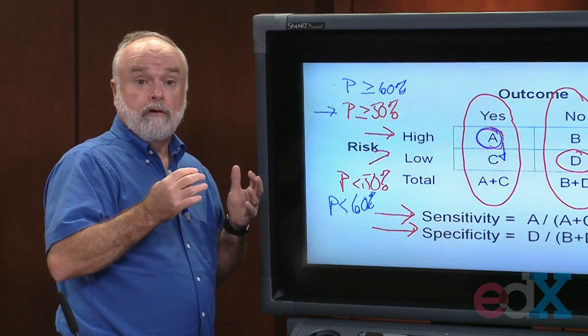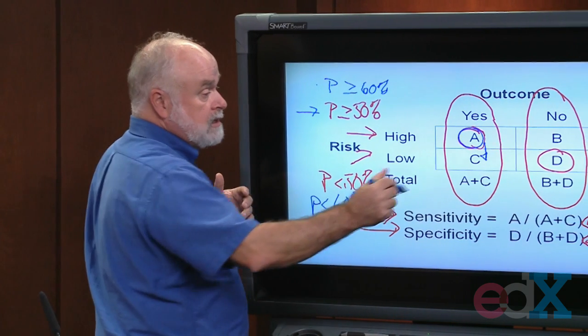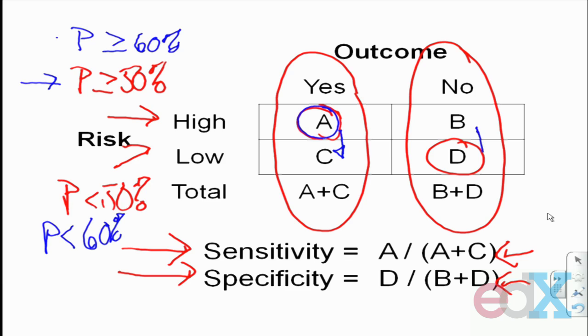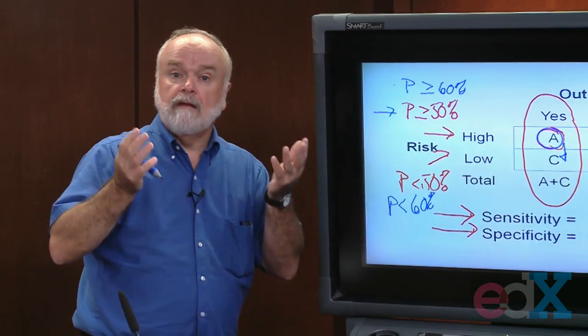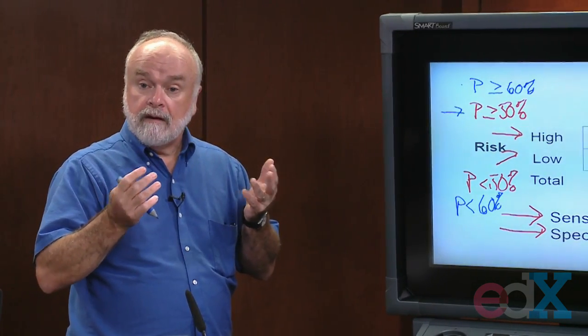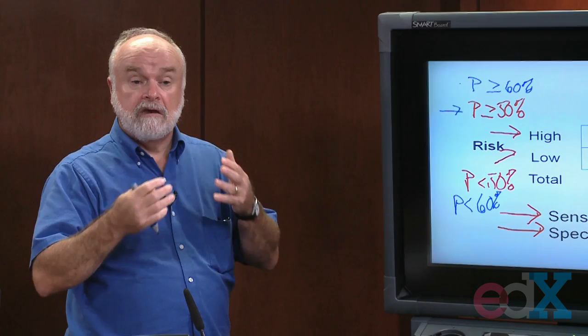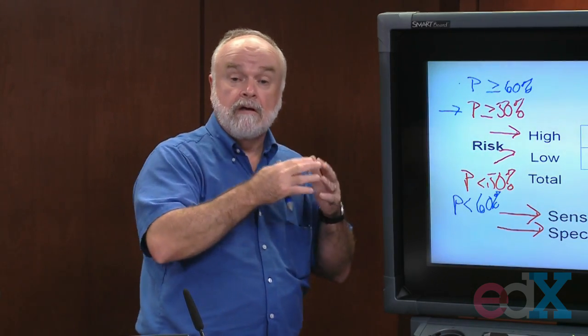Now low risk means if your predicted risk is less than 60%. So some of the people who are in the B cell are also going to be moving down into the D cell. So the D cell, the total number of people predicted to be at low risk, is going to get bigger.